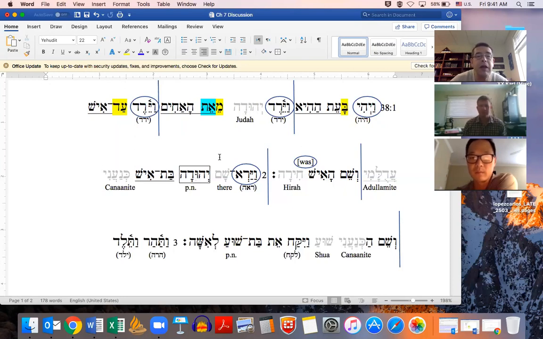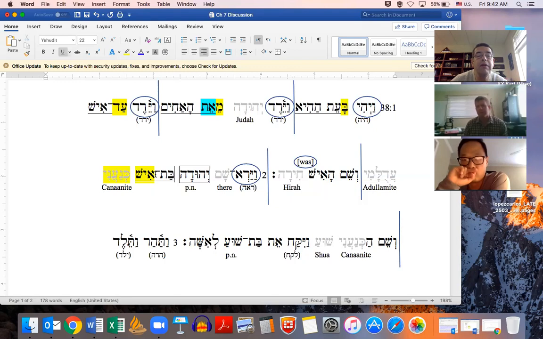In order to keep the emphasis on color, I'm going to do this. I don't have any prepositions in here, so I'm going to use yellow here. My Kana'ani is an adjective that's clarifying something about the man.